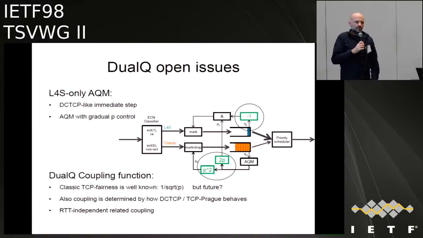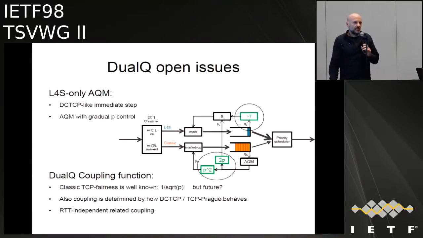The two main open issues for dual queue are, first, one which is not so much discussed, but more discussed internally. That is whether the step threshold for alpha-REST only traffic should be a step threshold or something else, which provides more gradual probability control.